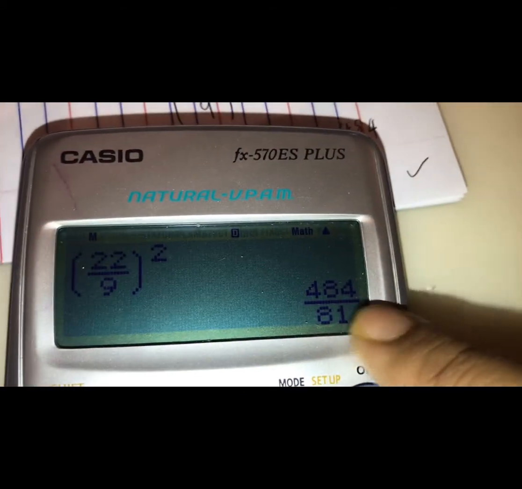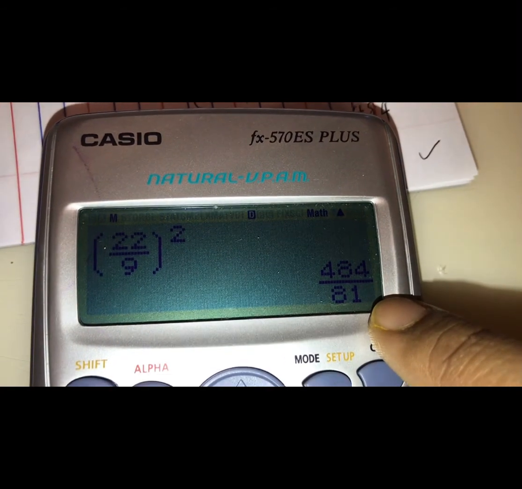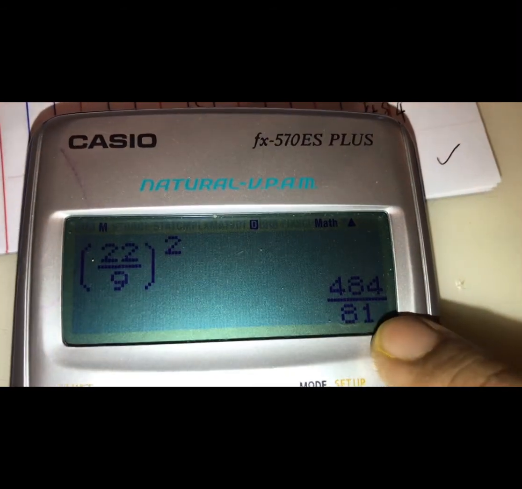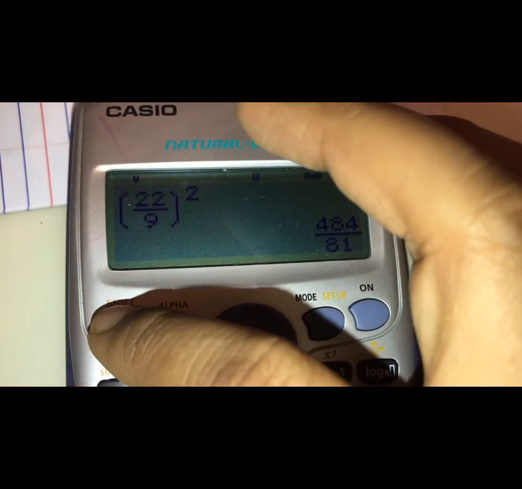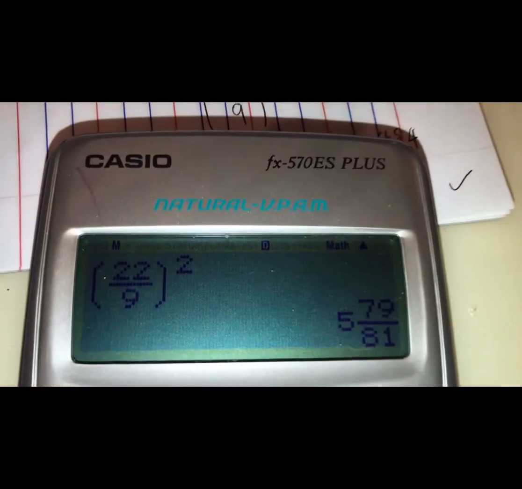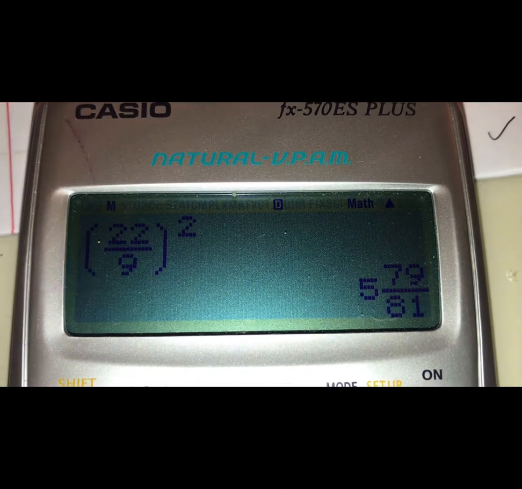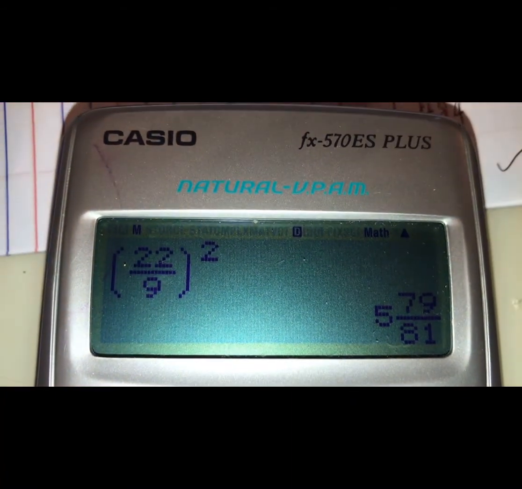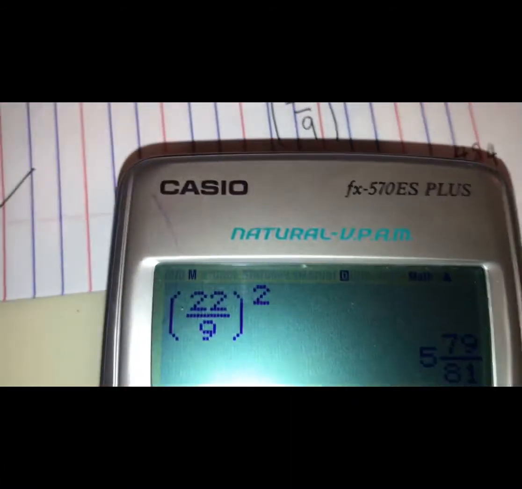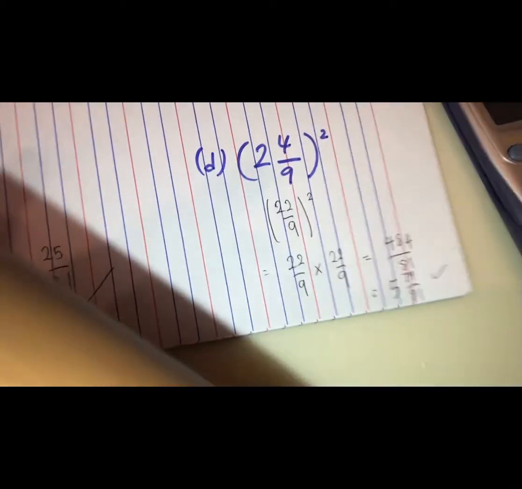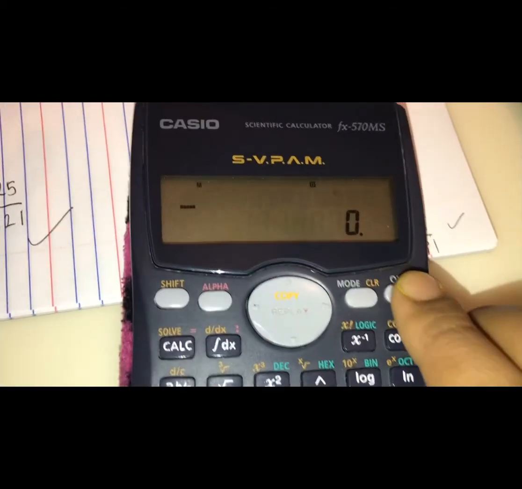You get 484 over 81. Then if you want to change to the simplest form, that means the mixed number, you press shift and then SD. You get 5 79 over 81. This is if you use this calculator. If you use this other calculator, it is the same.